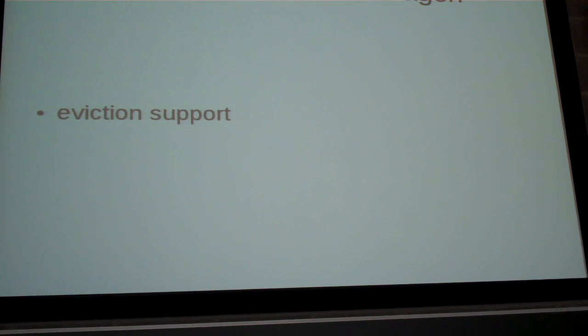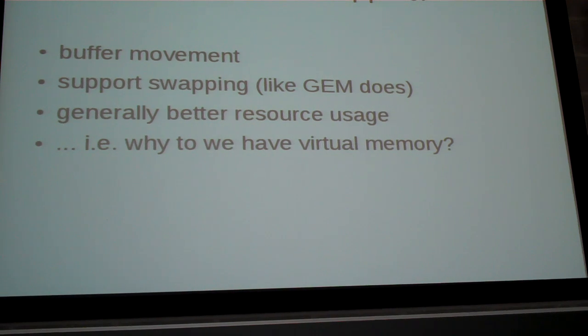That's the reason for eviction support. First is buffer movement. If we reconfigure that pipeline and notice, oops, the backing storage isn't contiguous and we need it now, we need to get everyone off the old backing storage, allocate new backing storage, copy it around, and then tell all the importers, okay, you can continue now with accessing it. Another reason is swapping support.